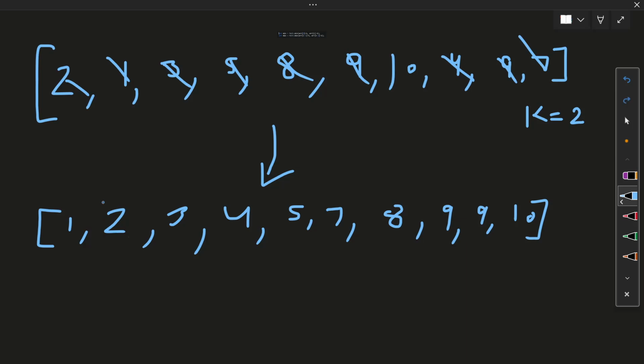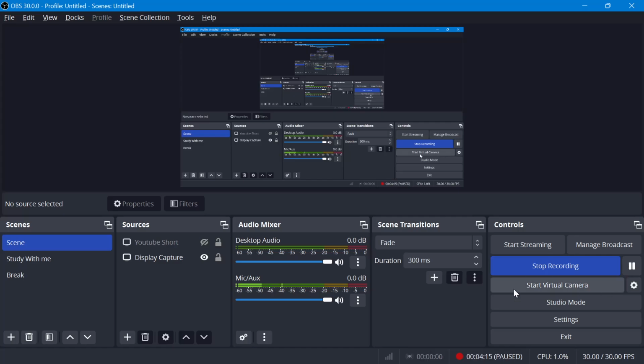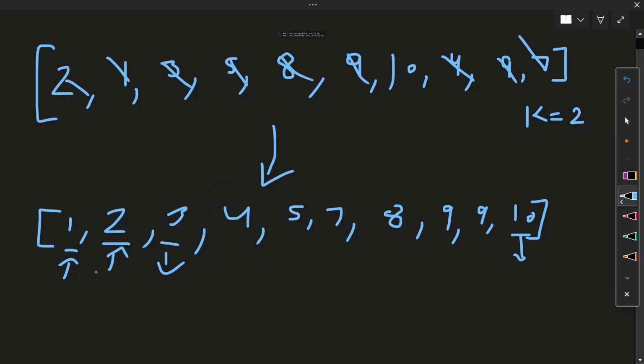Till here I will increment, and after that I will decrement all the values. So this element increases and this element decreases, and all the elements get decreased. This element increases.